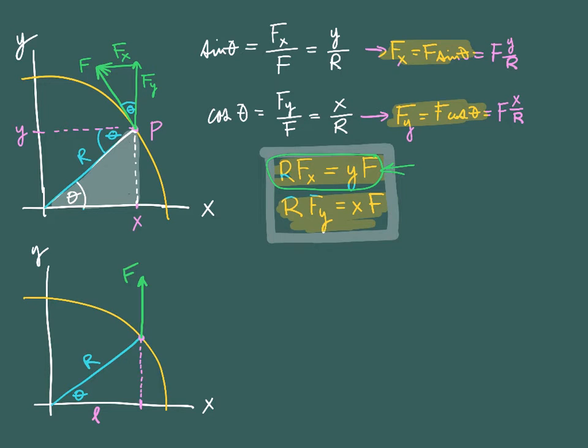Also, we're going to name this other angle here alpha. And let's talk about the parts. So this force, this applied force F, can come in two parts. Every vector can be written as the sum of two other vectors.